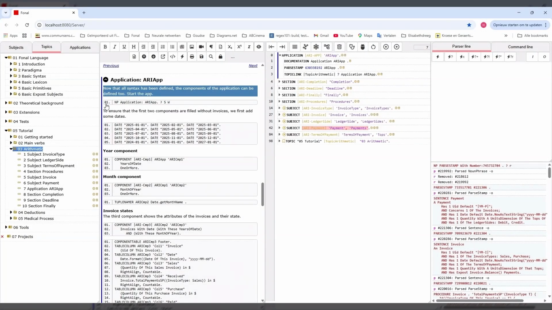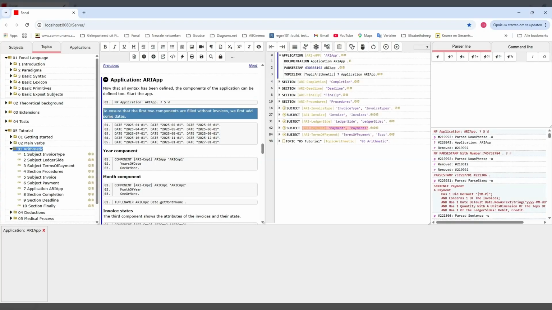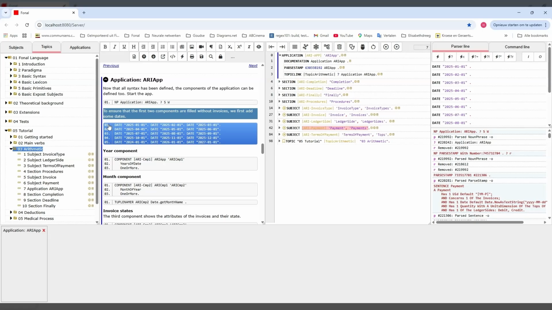Now that all syntax has been defined, the components of the application can be defined too. Start the app. To ensure that the first two components are filled without invoices, we first add some dates.